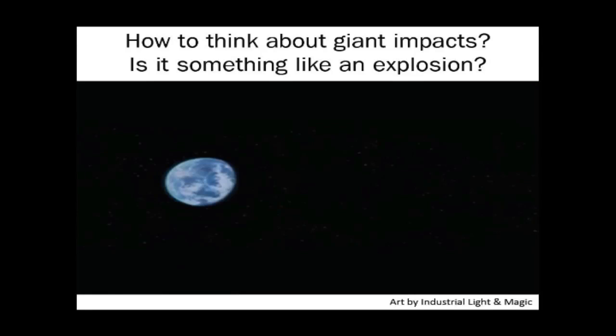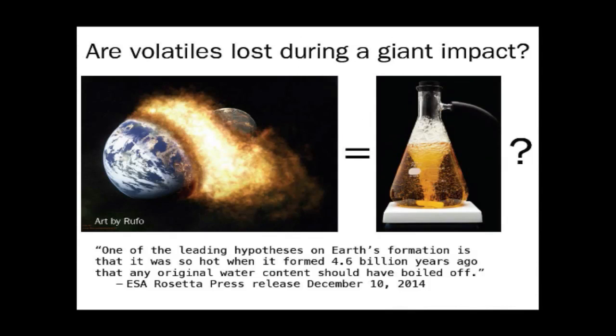I wanted to include some comments about water and the giant impact because there is a misconception that persists in the public and in space agencies that giant impacts will naturally remove all the water from the Earth.